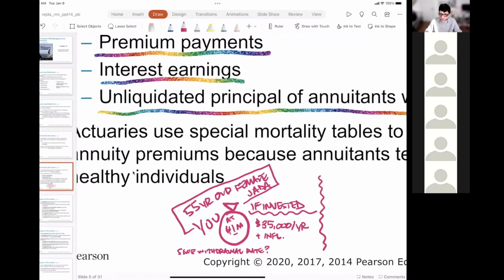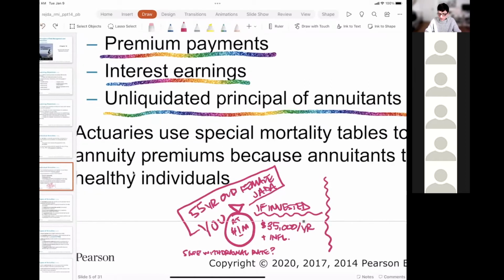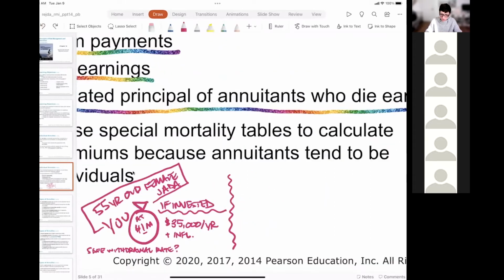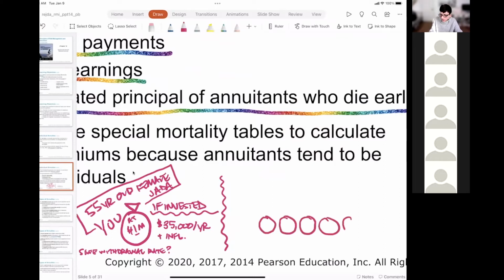The insurance company is like, hey, Jada, I know that you're worried about market risk, and you're also worried about living too long. We've got a bunch of people who, like you, feel the same way. So it's not just you. There's a bunch of people lining up to participate in this pooling of risk.